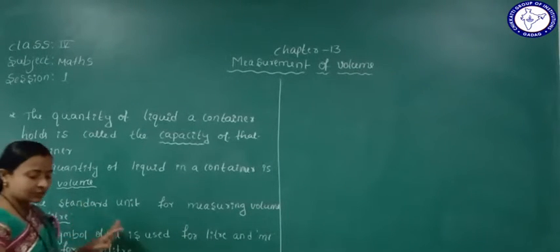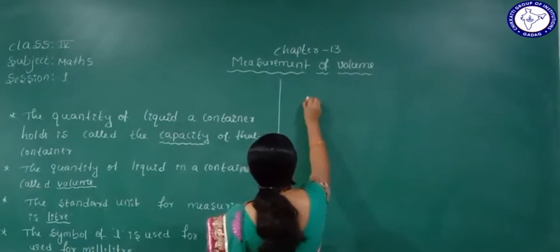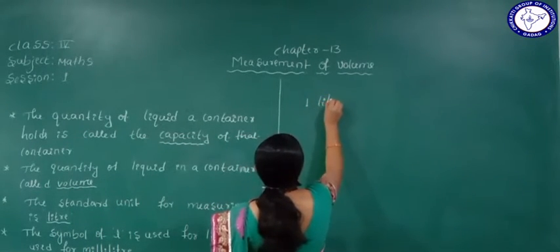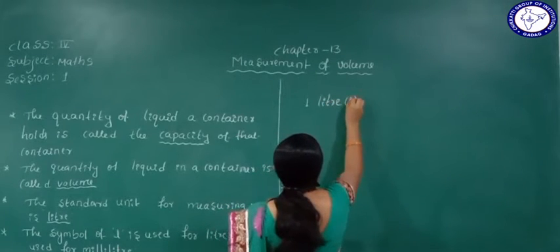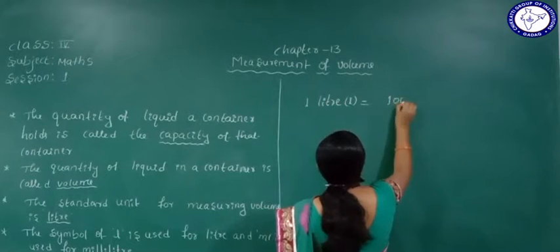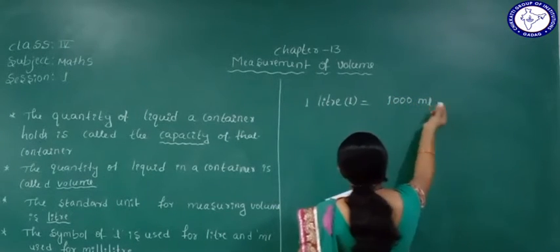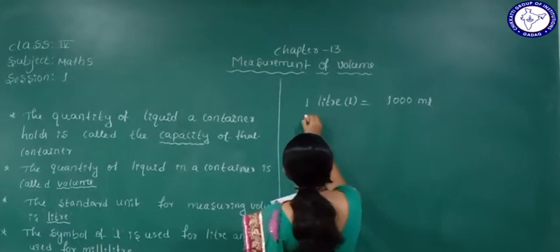Understood this point? Here, students, 1 liter, L, is equal to how much milliliter? 1000 ml.